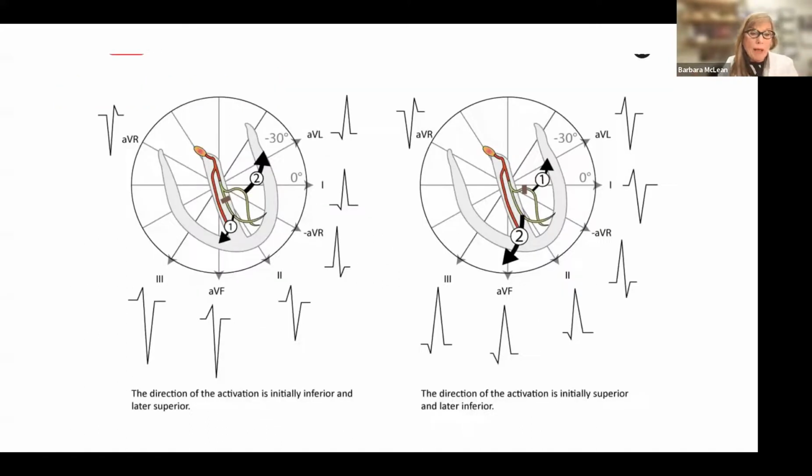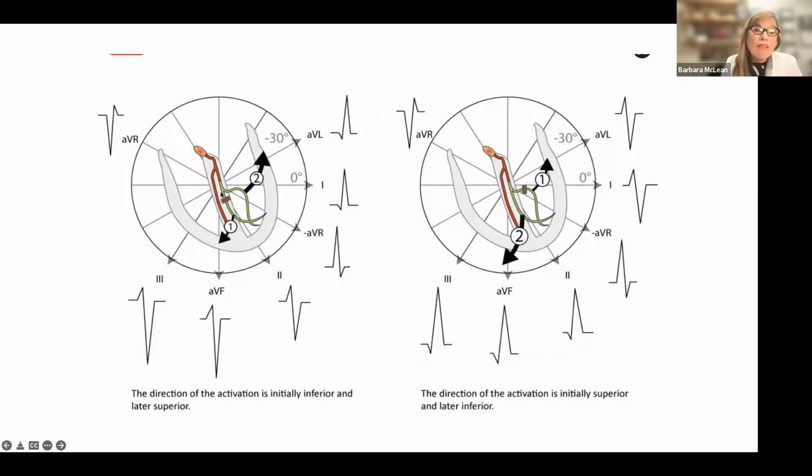Now, having talked about left bundle branch block, I just want to remind you about the 2 divisions of your left bundle. This red one here is your right bundle. And over here, you have the anterior and the posterior.